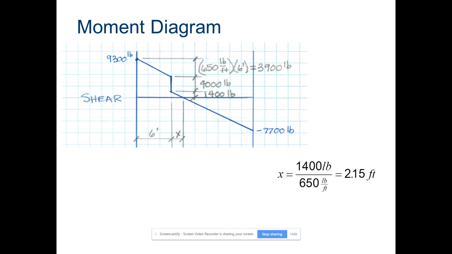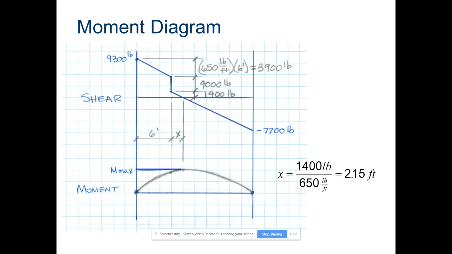Now, why did we just do that? Well, we have our 1,400 pounds, that load area, and then we divide it by 650 pounds per foot because that's the continuous load, which gives us that distance.